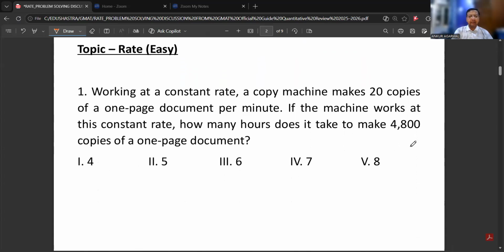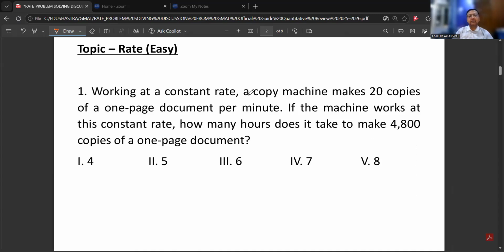I am rating this question easy, and you also have to make this question easy by understanding and grasping the concepts. Just read the question. Can you beat me? Can you beat the GMAT? First I'll solve a question for you, then I'll give you some time to solve, and then I'll give you the answer.